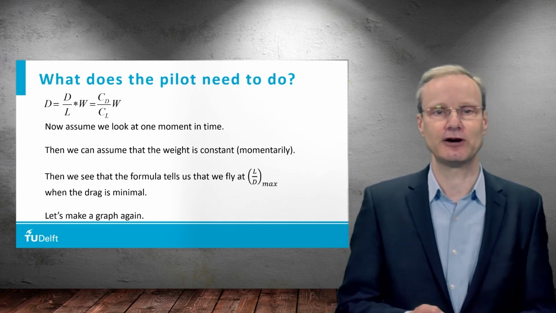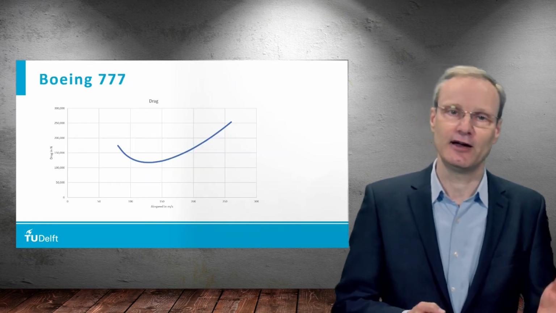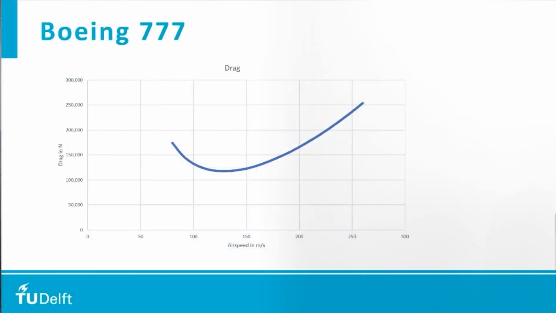Okay, let's make a graph again, but now a bit different graph, in which I have on the vertical axis my drag force, and now on the horizontal axis, I have my airspeed. And that's important because a pilot has an airspeed indicator. So using the airspeed as a means to tell the pilot how to do things is handy. And you need to find a point for minimum drag.